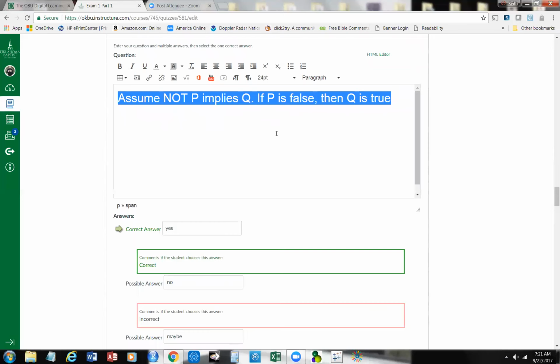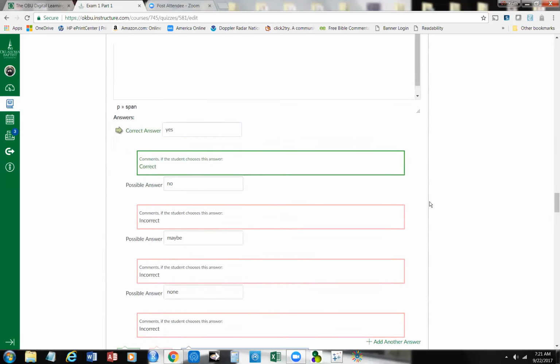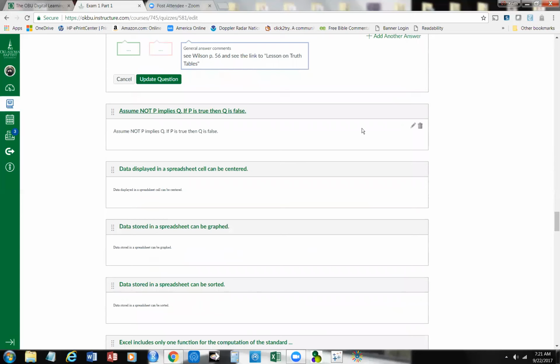Then P is false, Q is true. Because what is not P, that is anything but P, implies Q. If Q is true, then P has to be false, because not P is the opposite of P. Set theory.